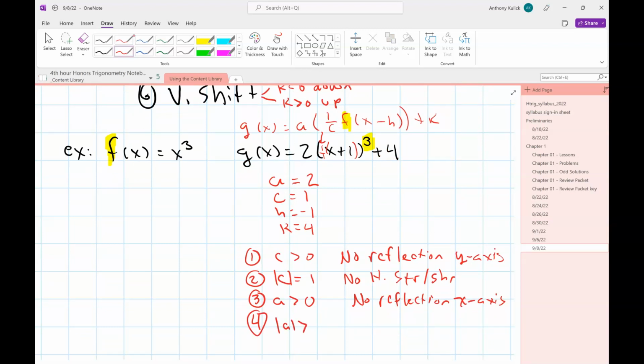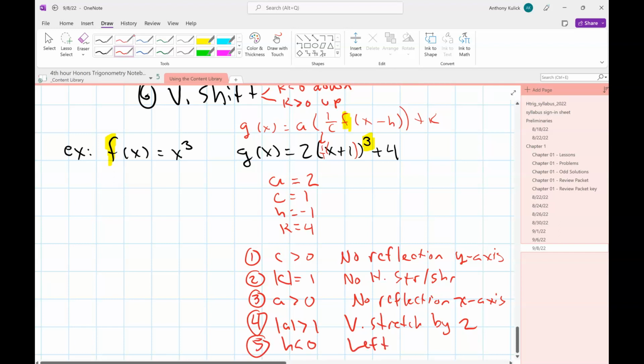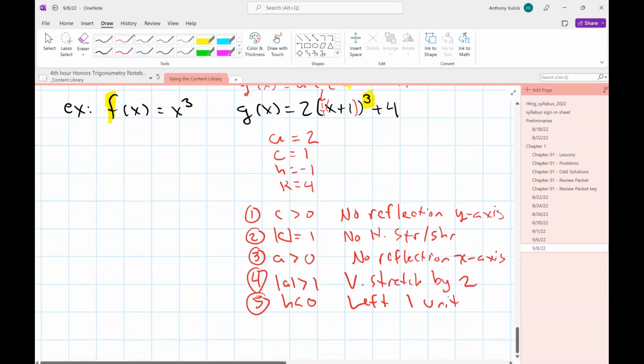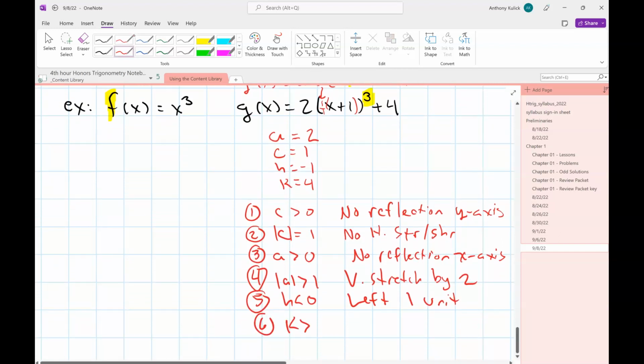Since the absolute value of A is greater than 1, we have a vertical stretch, in this case by 2, a factor of 2. Since H is negative, we're going left 1 unit. And since K is positive, we're going to go up 4 units.